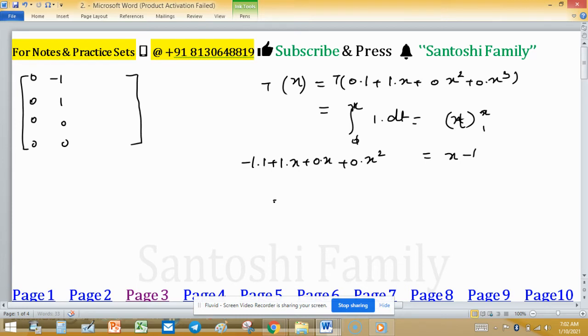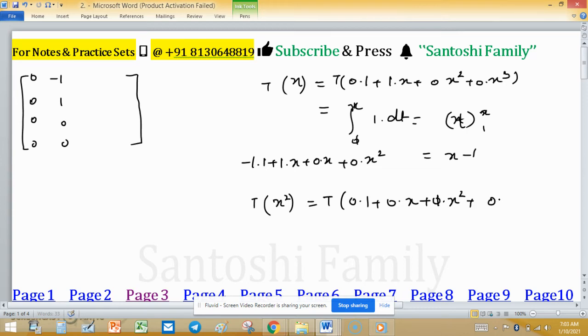Now x square can be written as a linear combination of basis elements, 0 into 1 plus 0 into x plus 1 into x square plus 0 into x cube, and its derivative will be 2t dt in terms of t, and its integration will be t square, with limit from 1 to x.